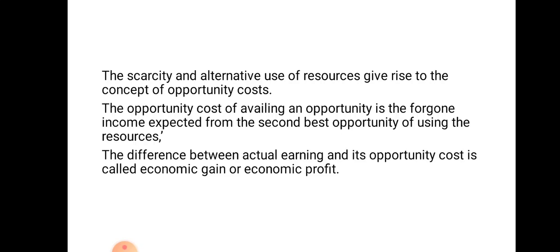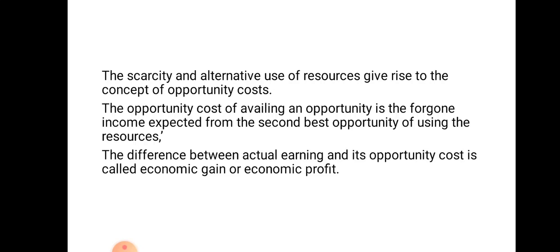For example, let us say a firm had 50 crores or 100 crores of rupees, which it can invest in various alternatives, and the first alternative will get 20 crores return, and the second alternative will fetch 18 crores of returns. So now the best alternative is the one which would give 20 crores return, and it will be selected.